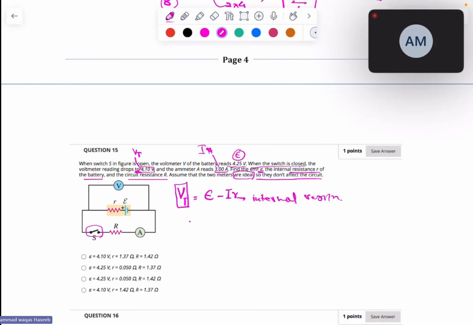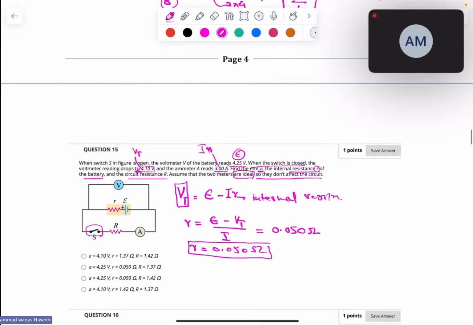So we can find out r, which is nothing but EMF minus Vt divided by I. So we have all the values. And when we calculate the internal resistance of the battery when the switch is closed, the internal resistance is 0.050 ohm. This is the internal resistance r of the battery.